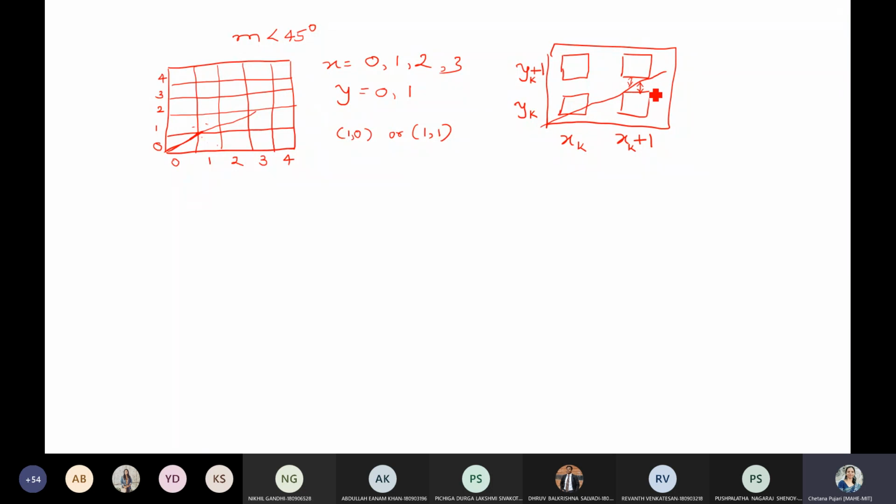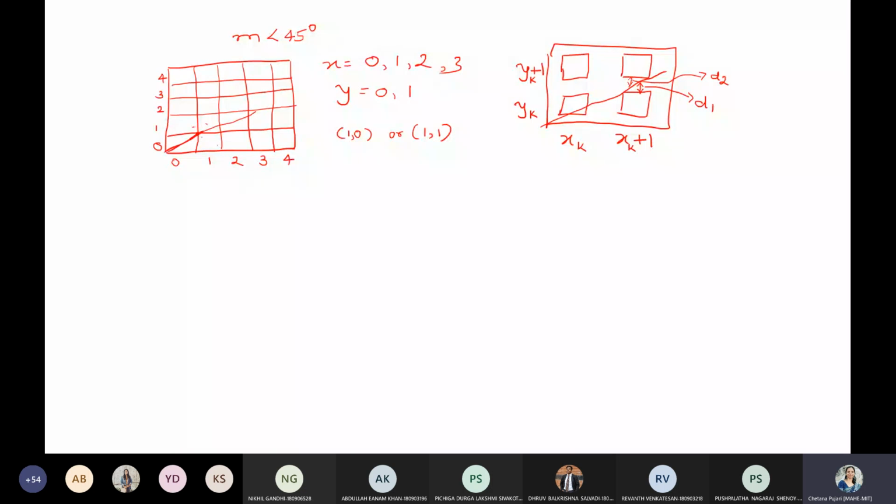So let's say the distance between this pixel and your line here is d1, and this distance is equal to d2, right? There is a line, and it looks like it is passing through 2 pixels, so we are not sure which pixel to consider.